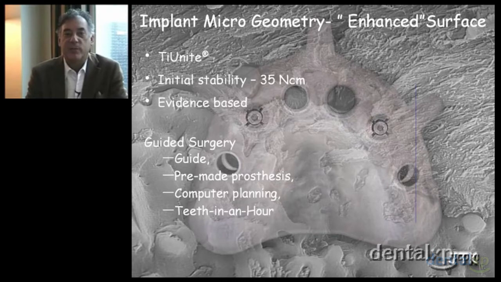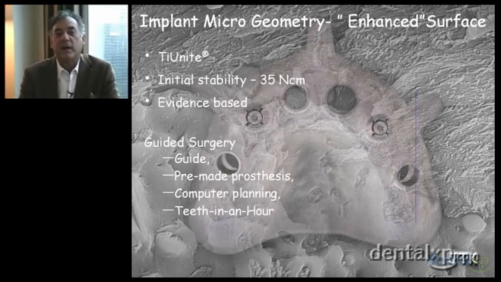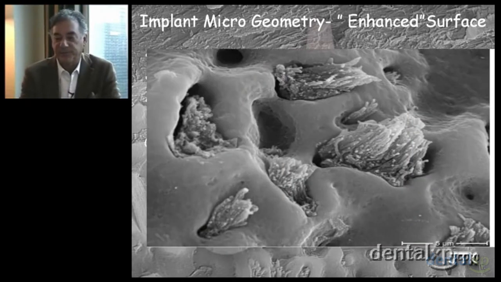This is in the literature, and we've incorporated these ideas into this Nobel Guide treatment concept. The Nobel Guide concept will use a surgical template or a guide, a pre-made prosthesis, whether it's a provisional or a final restoration. There's the computer planning, and then the concept of teeth in an hour, which incorporates the final prosthesis at the same time as the surgical delivery.